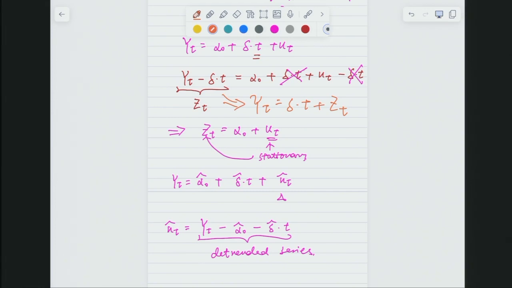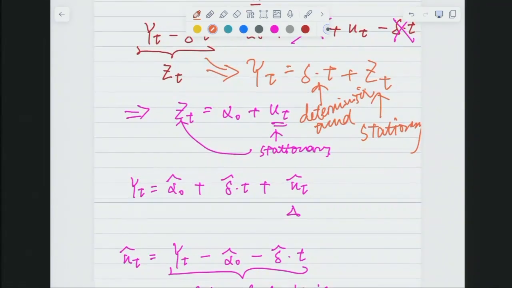So a deterministic trend series has two components, a stationary one and the one captured by the deterministic trend. Once we get rid of the trend component, the detrended series is stationary, okay?